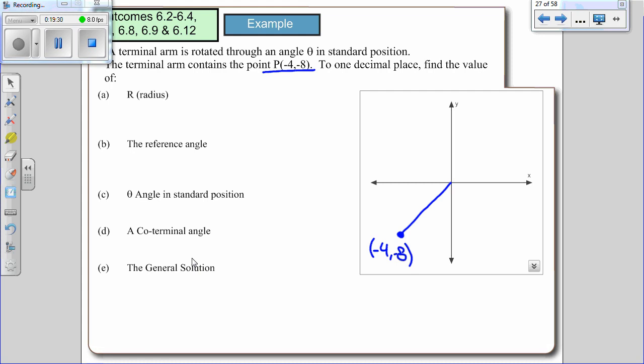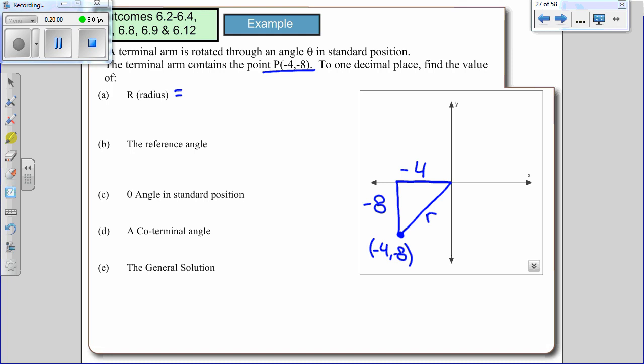This is trig. Everything's a triangle. So to make this thing into a triangle, we go like that, and we use our X and our Y coordinates as the other 2 sides. Everything's a triangle in this unit. We can then use those sides, use Pythagorean Theorem, or use your formula. R is equal to the square root of x squared plus y squared.